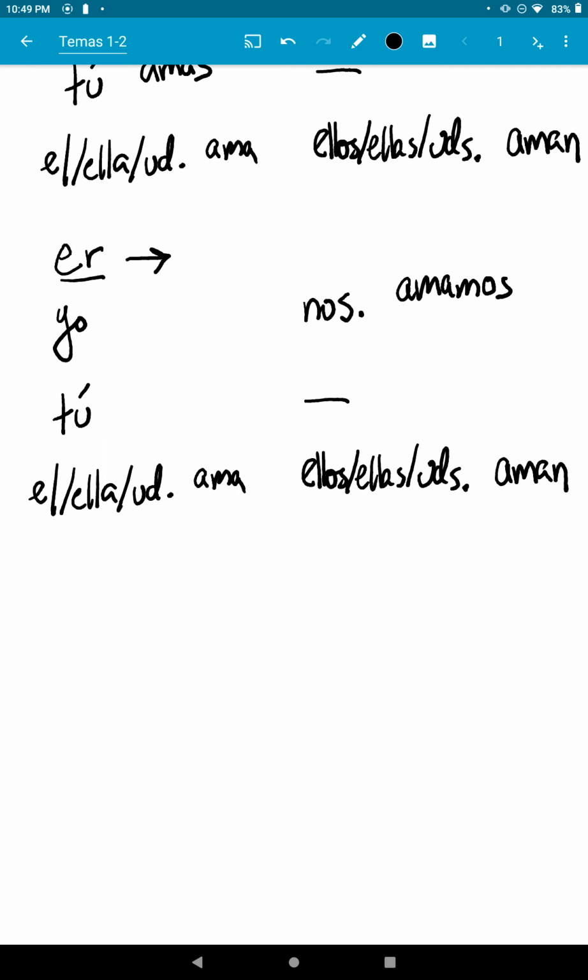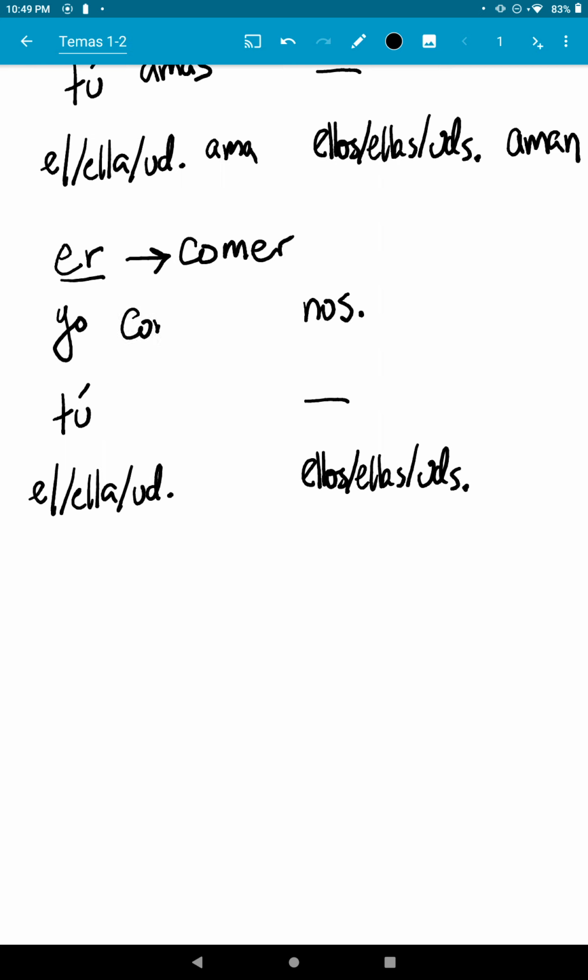And so for my quintessential example here, we're going to use comer. So yo como, I eat.